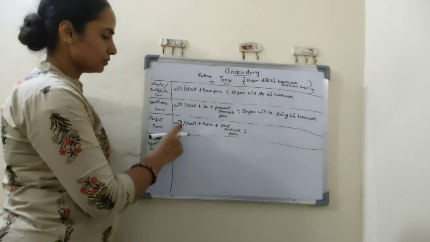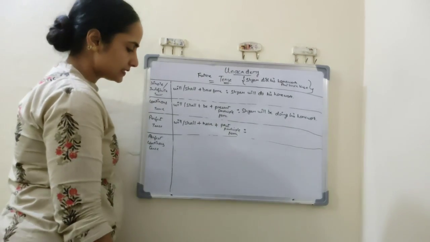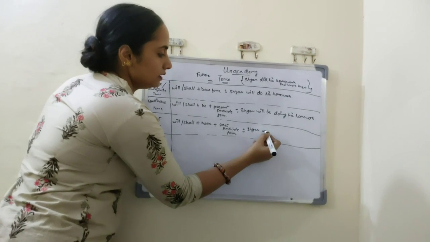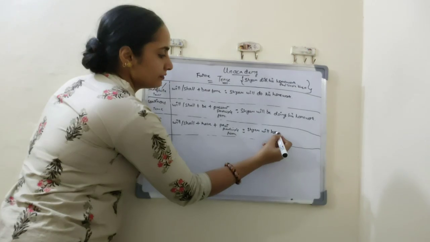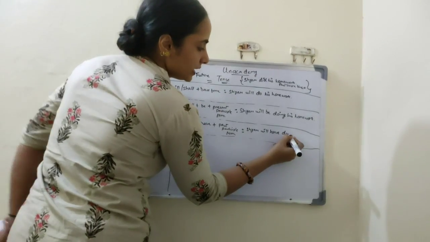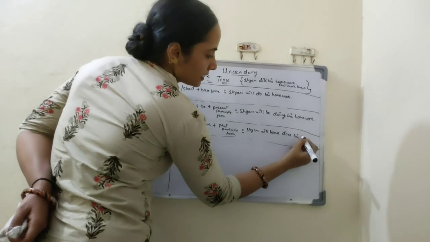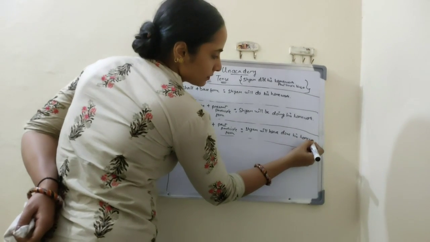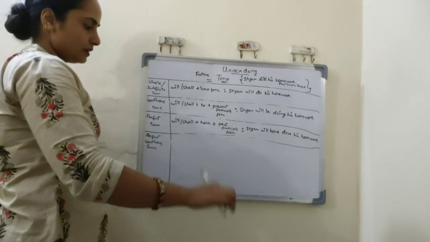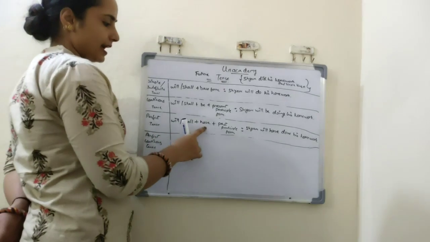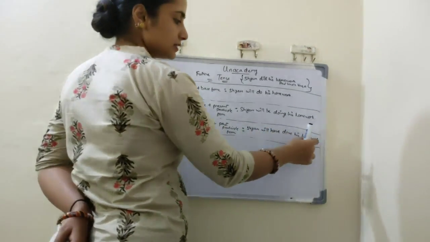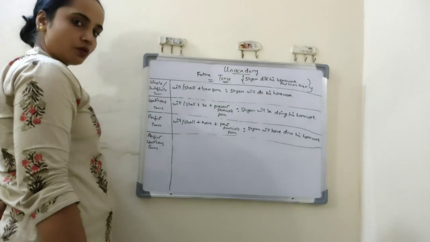Alright, so let's convert the sentence. Sham will have, what will be the past participle form? Done. Sham will have done his homework.